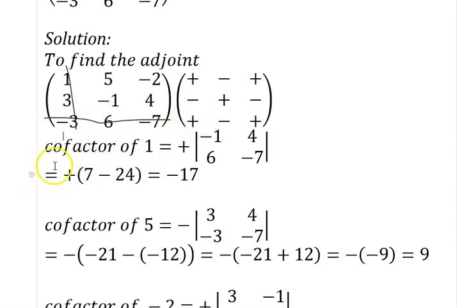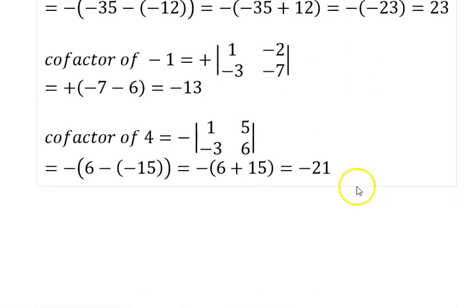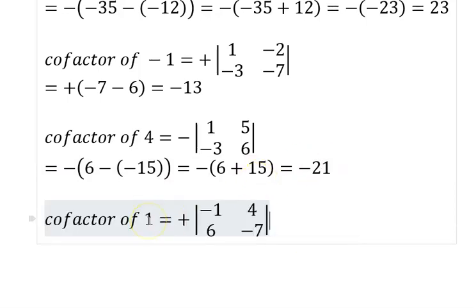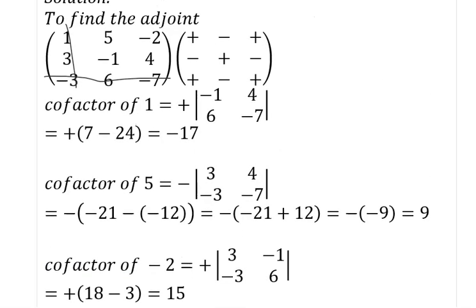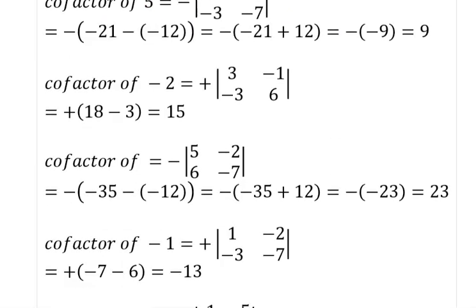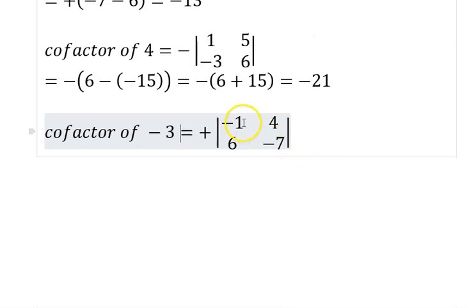Plus. The corresponding sign is plus. So what do we have left? 5, minus 2, minus 1, 4.